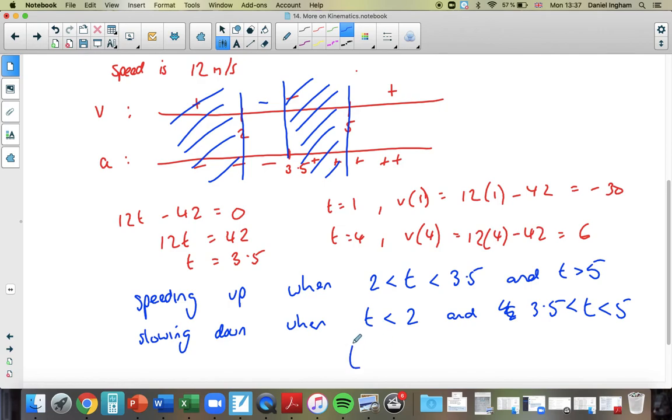Also notice that I could say it's slowing down when t is between 0 and 2, but it's taken as a given that the time will never be less than 0.